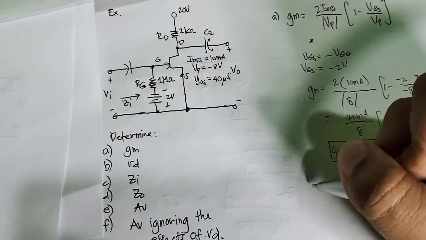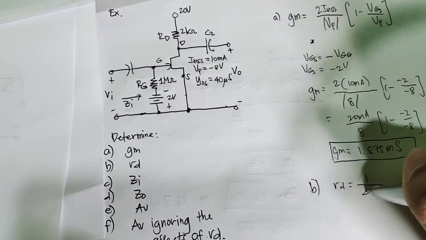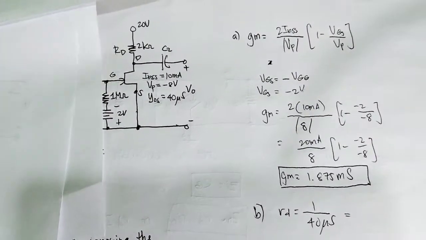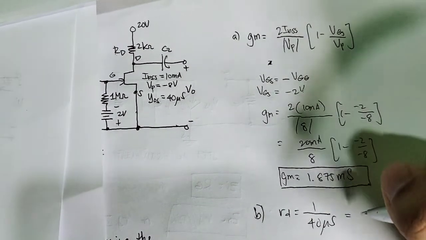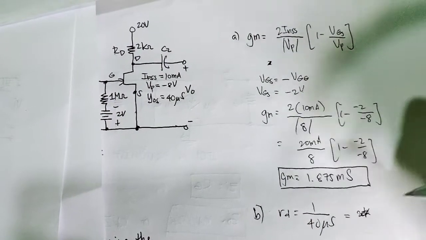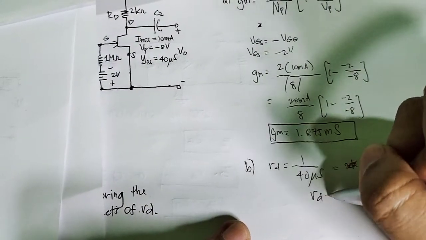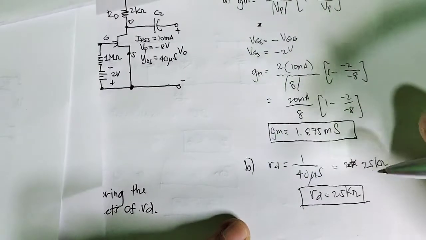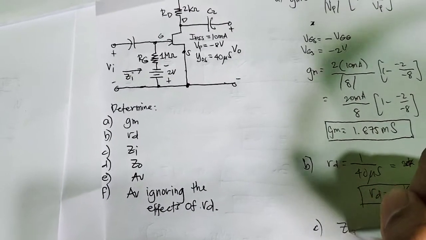How about r_d? r_d is just the reciprocal, 1 over 40 micro, so it's 25k. This is 25 kilo ohms. So r_d is equal to 25 kilo ohms.